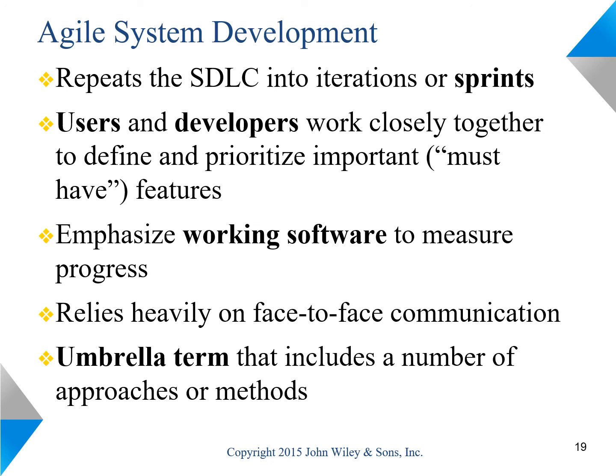The approach is heavily based on continuous communication between users and developers through daily meetings. The term Agile today is an umbrella term that includes a number of approaches, methods, or ways to develop products or systems. Agile approaches focus on speed and flexibility rather than a rigid development structure.